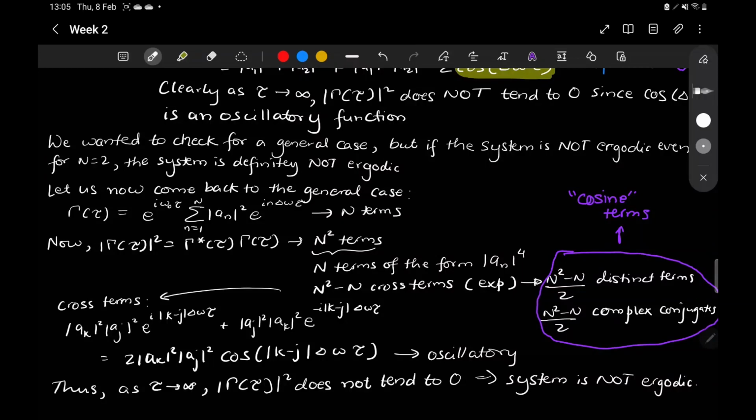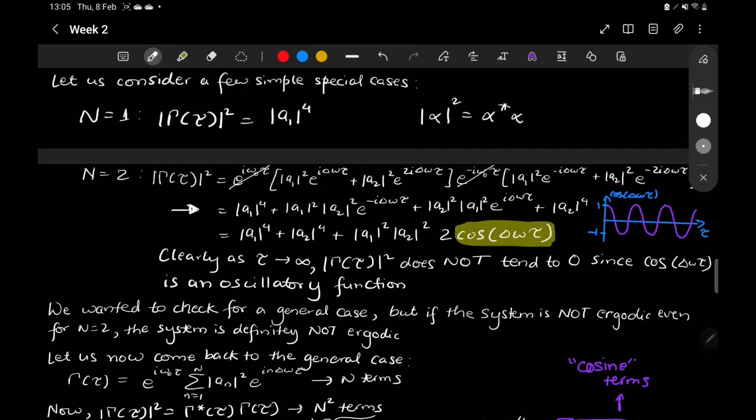The reason why I'm saying this will not tend to 0 is because, see, this is the plot of the cosine function. It is 0 at some point, but it does not tend to 0. You see that it very evenly keeps on oscillating between +1 and -1.